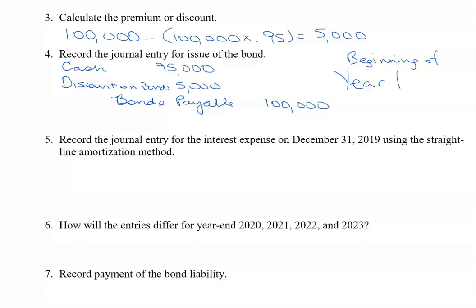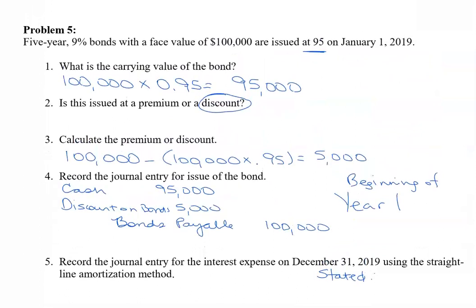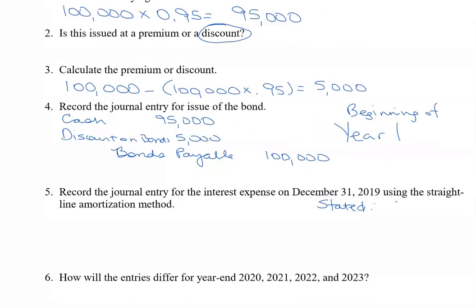Well, first we need to figure out what our interest expense is. And when you have a discount or a premium, that affects your interest expense. So first we want to calculate our interest. Our stated interest, if you go to the top of the problem, is 9% a year. Well, 9% of $100,000 is $9,000.